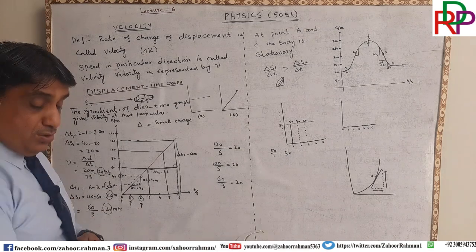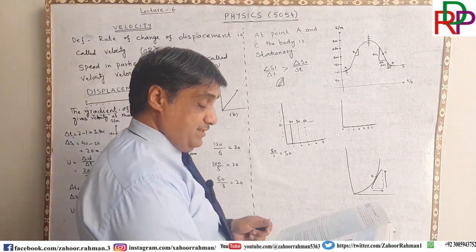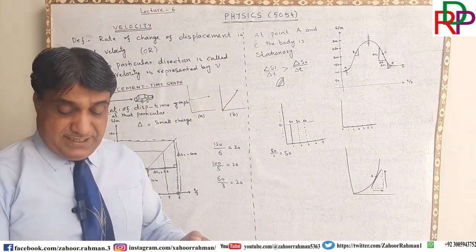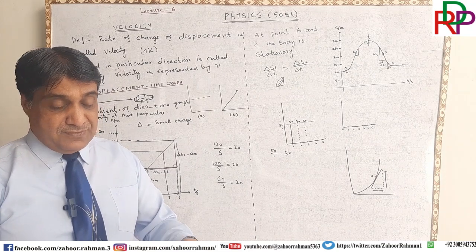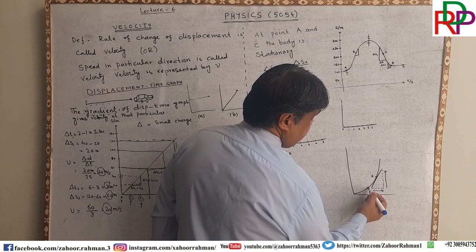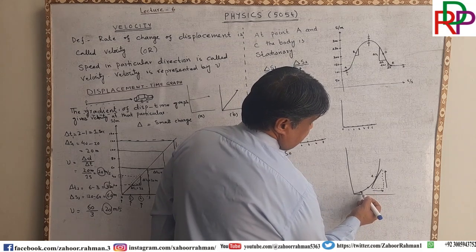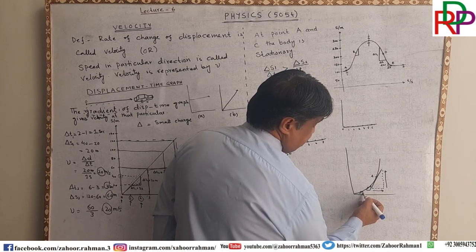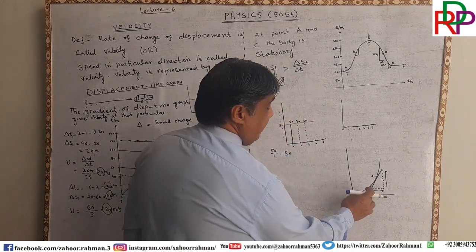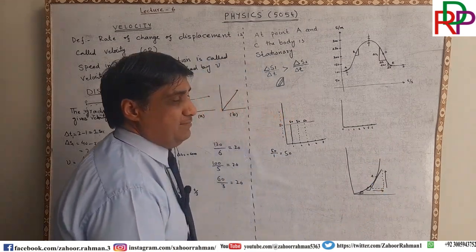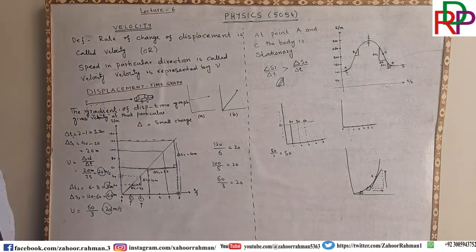If we want to find the average speed, it is also found by finding different speeds at particular instants. At this particular instant you will find the speed, and at this, and then you have to add all these velocities and divide by the number of times you found the velocities.